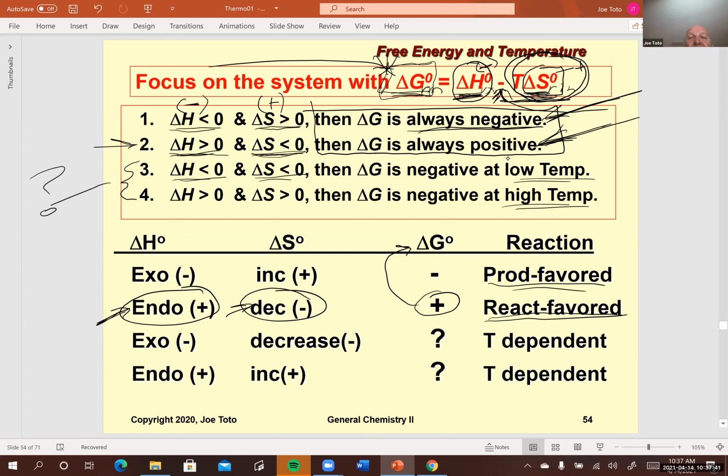Remember, these two terms are weighing against each other. This term here and this term here, which has the negative in front of it. So whichever one of those magnitudes wins out is going to dictate the sign of delta G and the spontaneity of the process. And so they're temperature dependent.